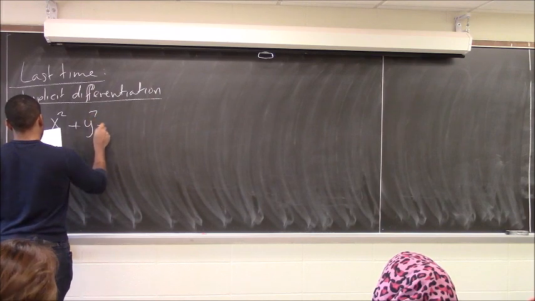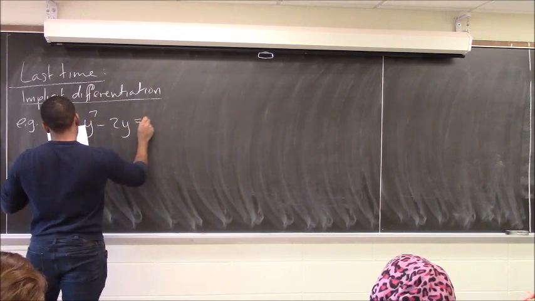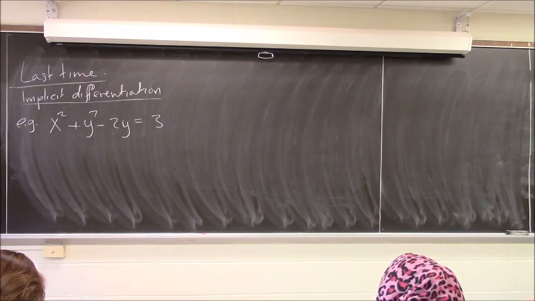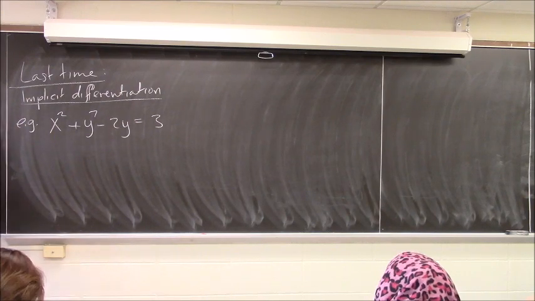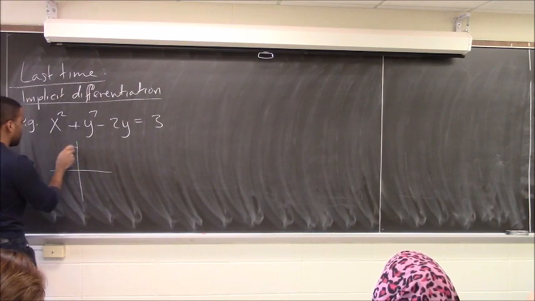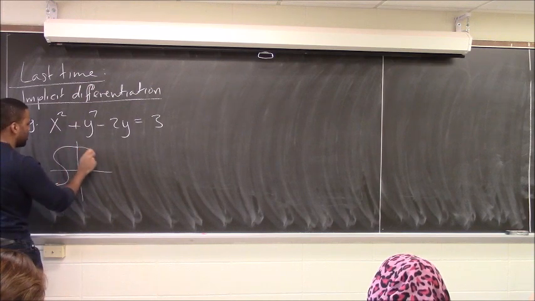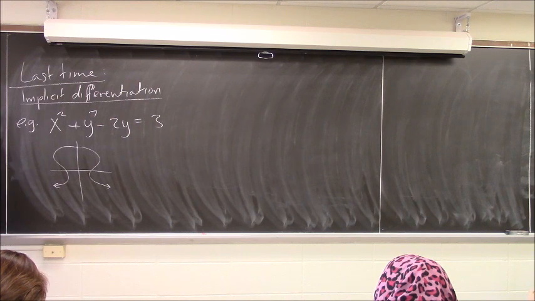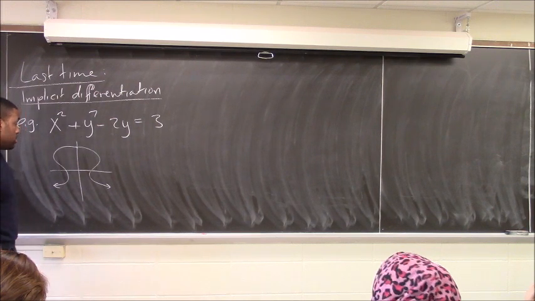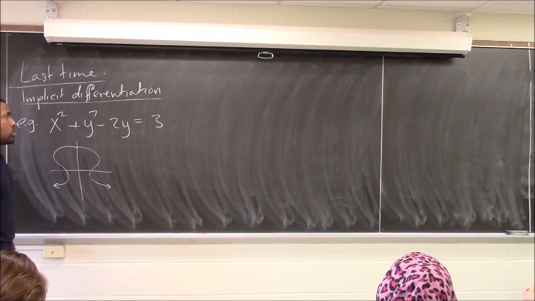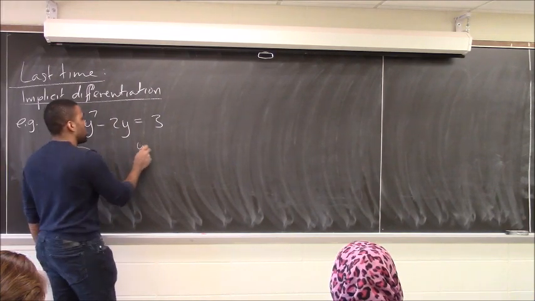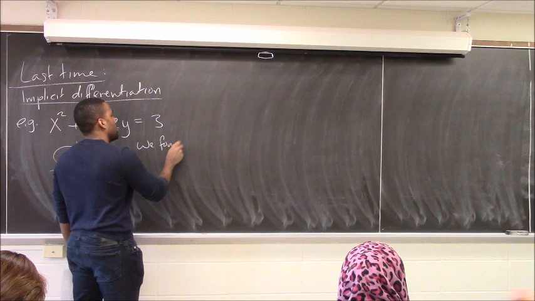Where basically I said our only hope of being able to talk about the derivative in this case was to do implicit differentiation. This was the folium of Descartes graph, looks like that. We couldn't actually solve for y to get it as a function of x to find the derivative, but we could find y prime in terms of both x and y.